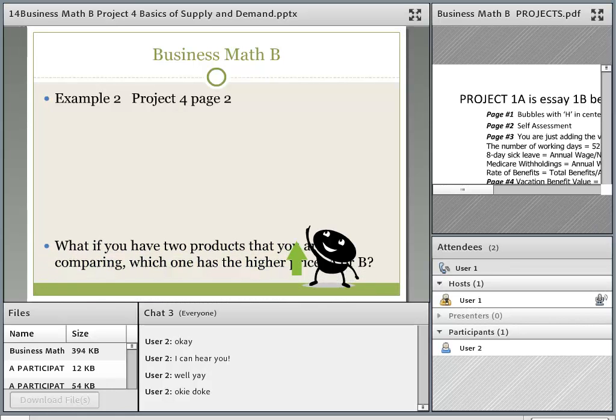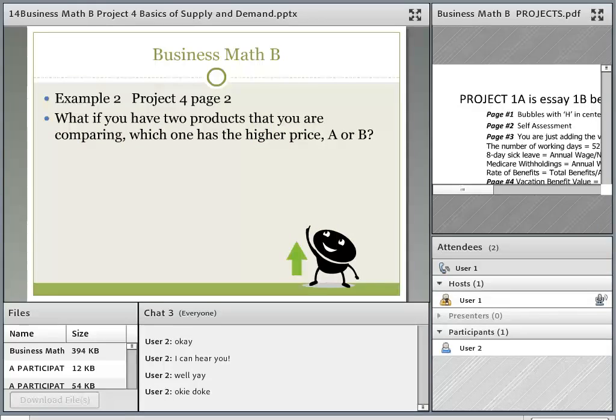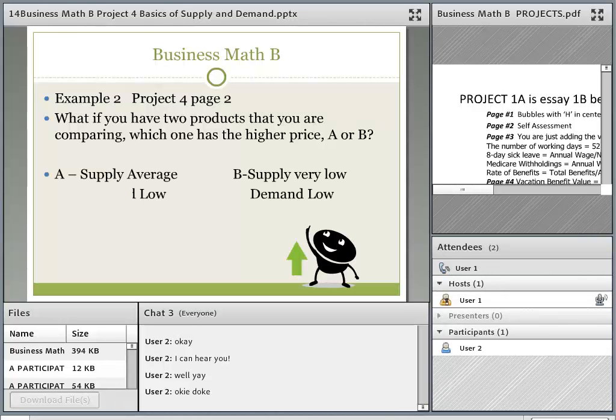Here's another example. If you have 2 products that you're comparing to see which one has the higher price, A or B. Okay, let's look at these 2 products. One has an average supply, the other one has a low supply. They both have the same demand, and one costs more than the other.